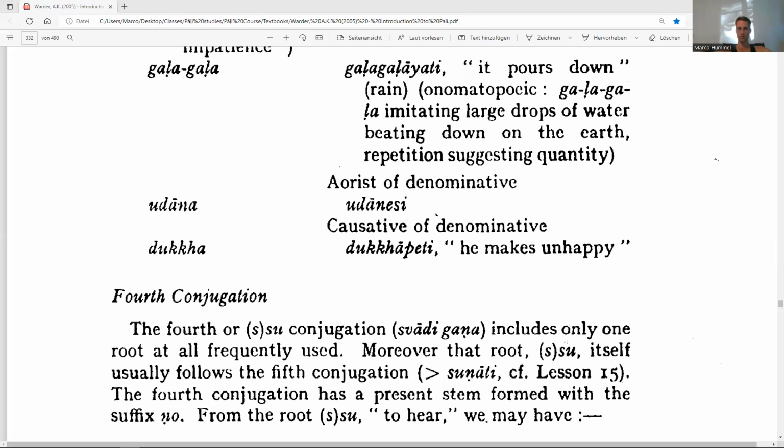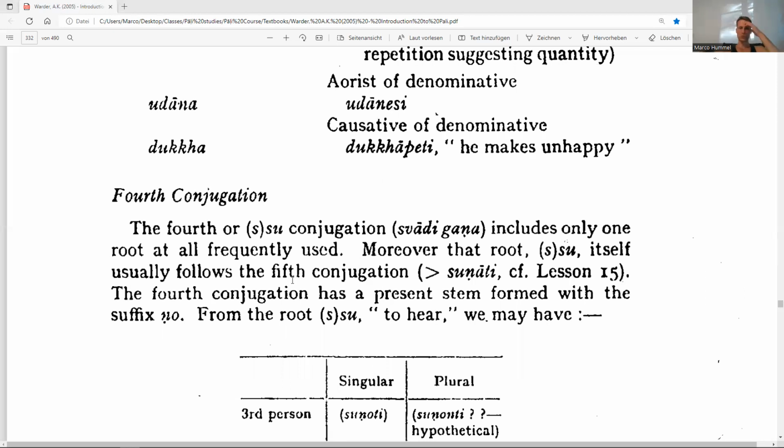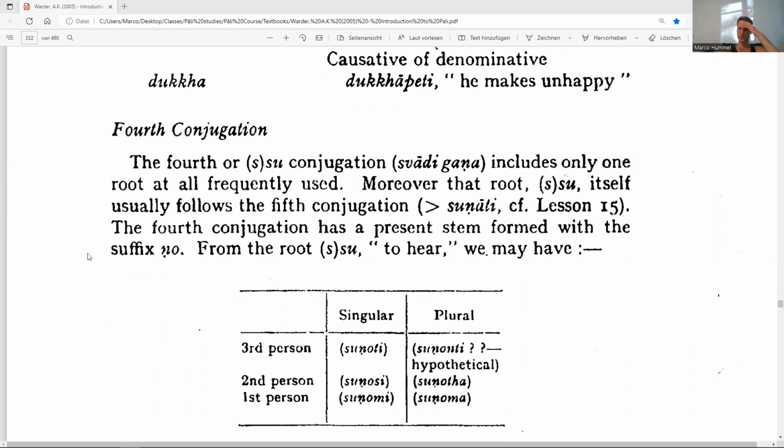Now, moreover, we have the fourth conjugation, the Swadigana, and it includes only one root at all frequently used, which is su. And that root sunoti itself usually follows the fifth class, sunati. The gana sign is no, so we have the suffix no to form the present stem.